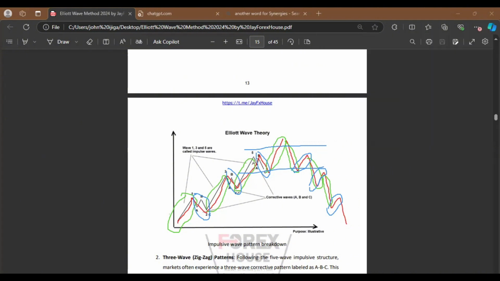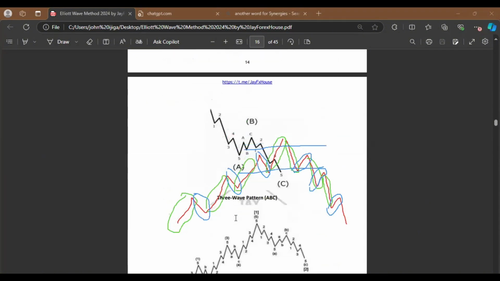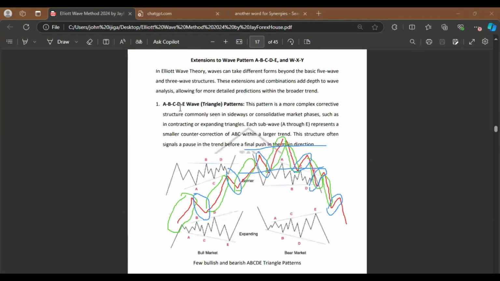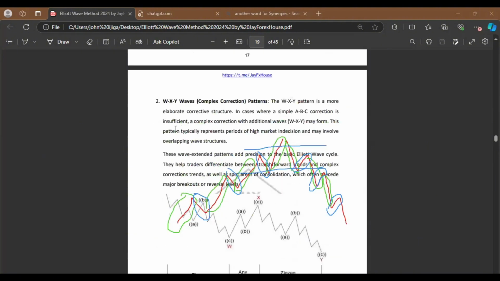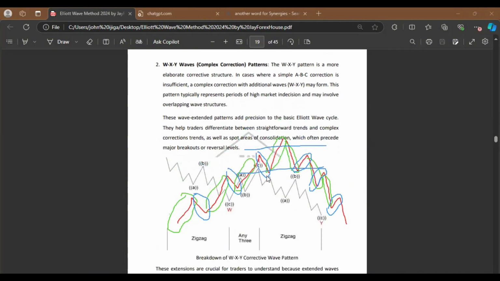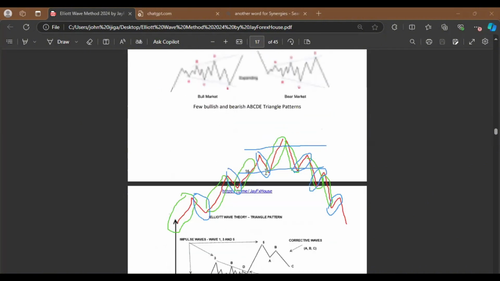So when we get to episode 9 and episode 8, we'll also be talking about complex corrective structures like what we have here on the ABCDE, or what we have here on the WXY. Okay, so these are two complex corrective structures which I emphasize mainly.